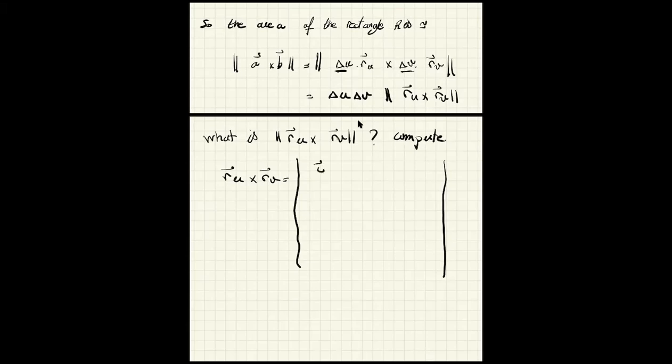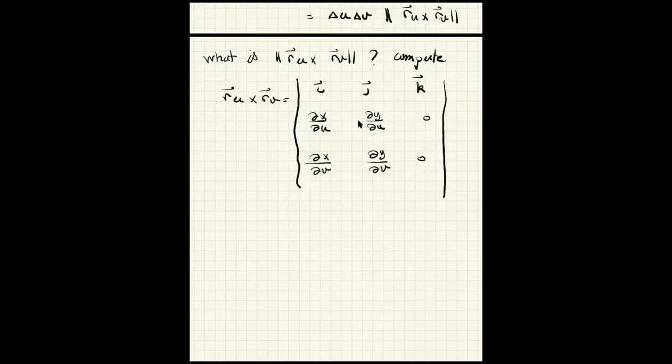So we are in the XY plane and we have a zero component along Z. So we just compute del X, del U, del X, del V, del Y, del V, right? Okay, so if you evaluate this thing here, it will give you del X, del U.